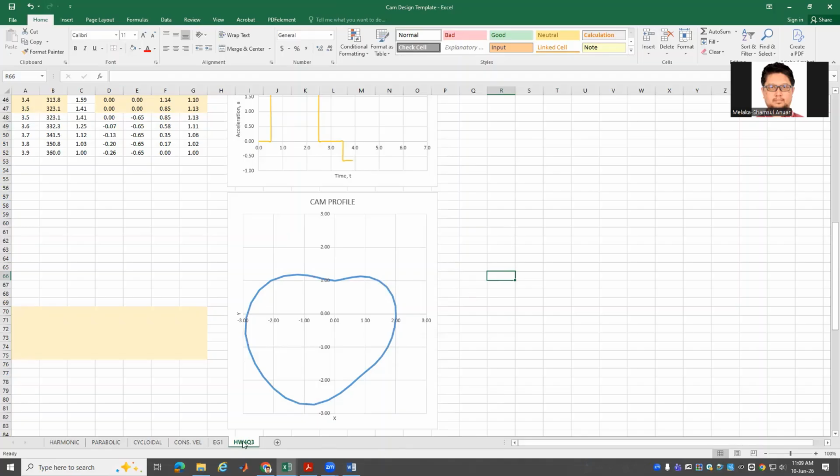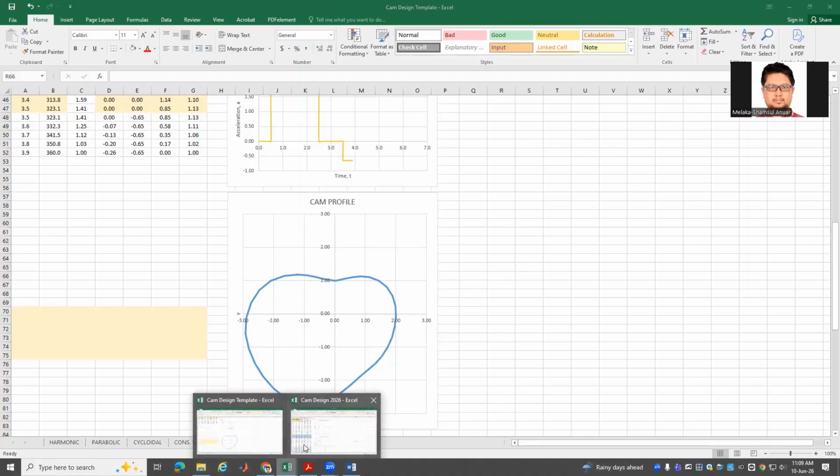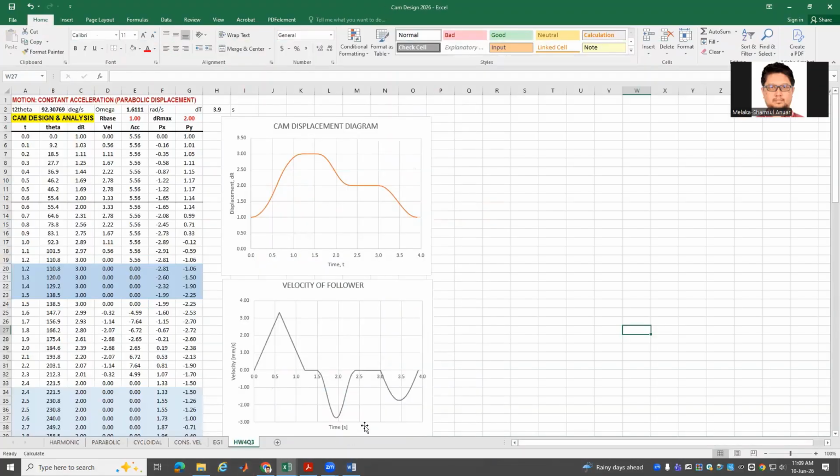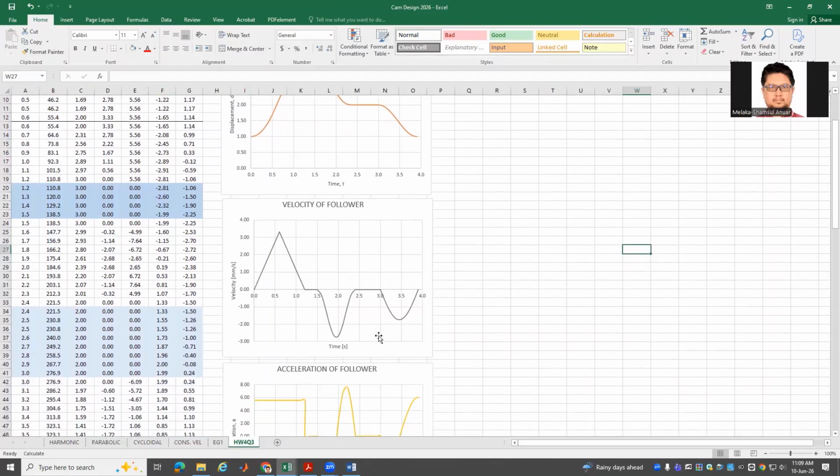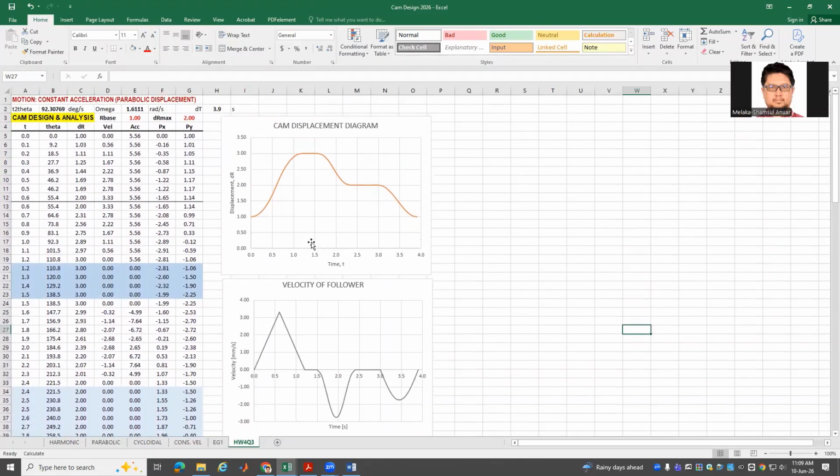Okay, so I have another file that I have already created, done everything last night. So this one really takes some time, but you have to patiently do it.